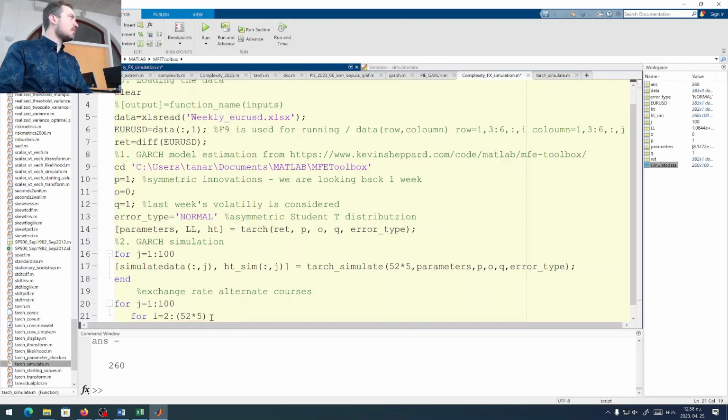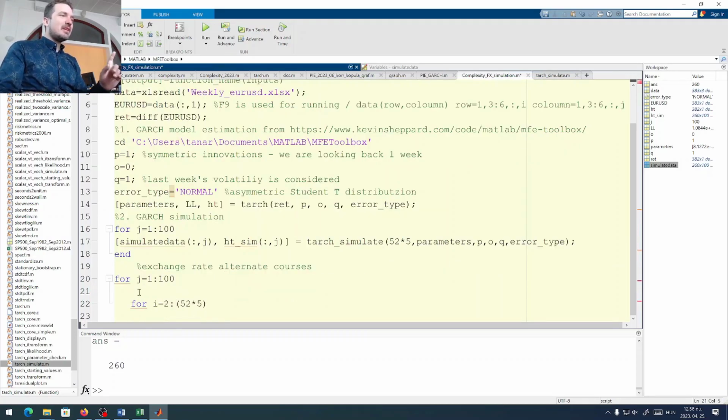The benefit of MATLAB is that we cannot even use such compressions, but still this will be really special, because we need the simulated euro US dollar exchange rate. But at the first day of the simulation, we have to take the last known data.